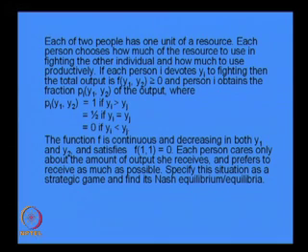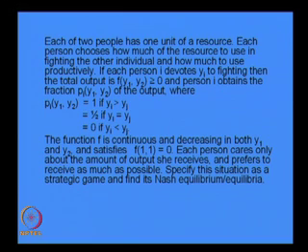If each person devotes yi to fighting, then the total output is f(y1, y2), which is greater than or equal to 0, and person i obtains the fraction pi(y1, y2) of the output, where pi(y1, y2) is equal to 1 if yi is greater than yj, is equal to half if yi is equal to yj, is equal to 0 if yi is less than yj.